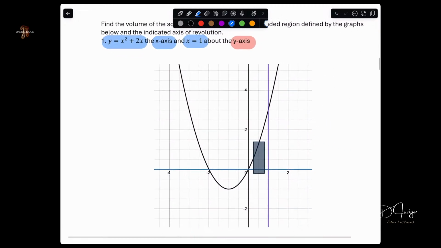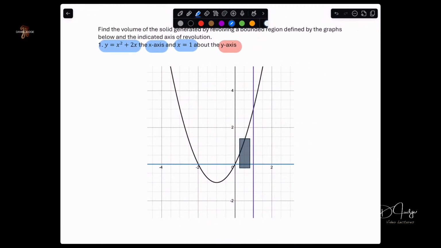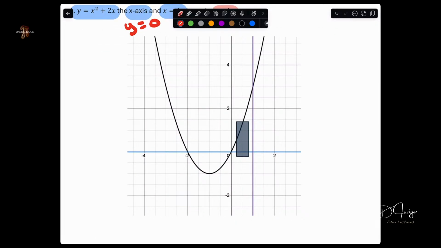That's a vertical line. The x-axis is really the line y equals 0 here. So what they're going to describe for you is this particular bounded region now in this picture.